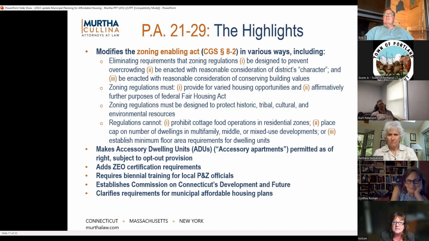It also eliminated the requirements that zoning regulations be designed to prevent overcrowding, be enacted with reasonable consideration of a district's character. You no longer can turn stuff down just because you don't think it's in character, or be enacted with reasonable consideration of conserving building values, meaning property values of the abutting neighbors. All that's been wiped out.